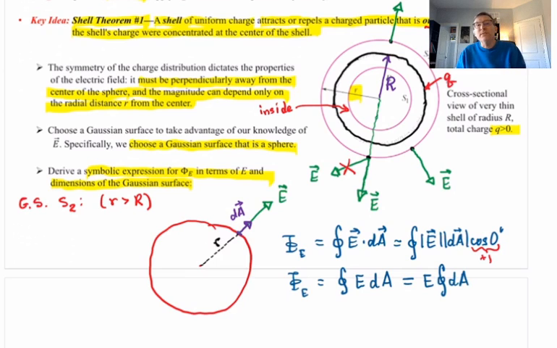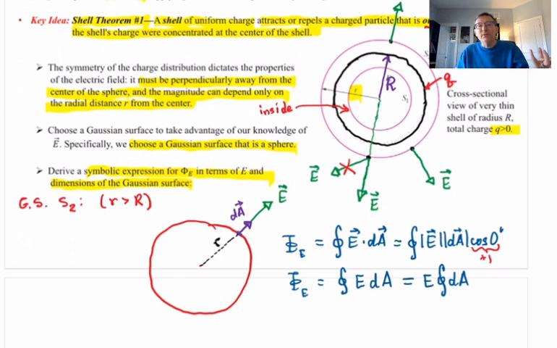If you can't do this step, if you can't choose a Gaussian surface in a given problem for which doing that step is allowed, then Gauss's law is not going to be very useful. Because that integral that remains is what a physicist would call trivial, once you understand what the symbols mean.